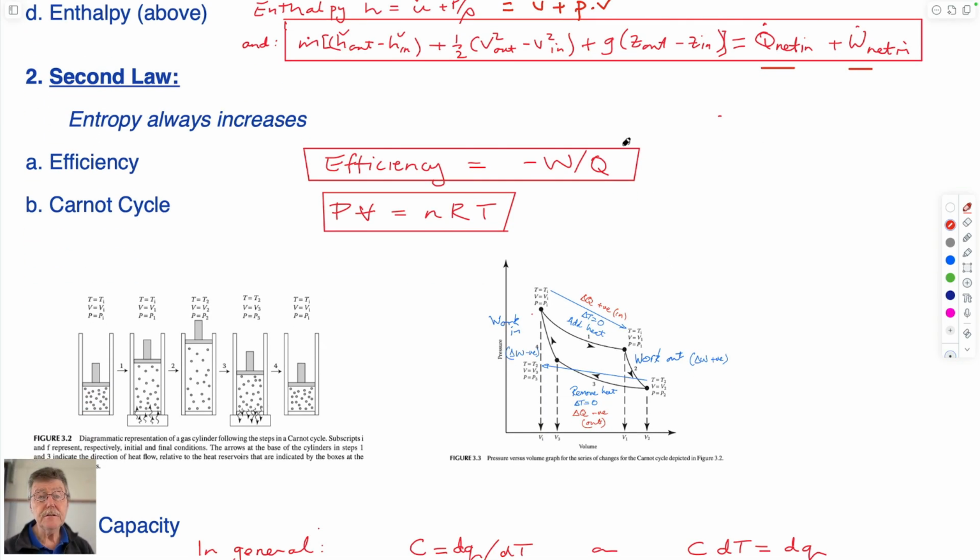We can define efficiency. We did last time. We defined efficiency as the work out of the system, which is the difference between the net heat in versus the net heat out, divided by the net heat in.